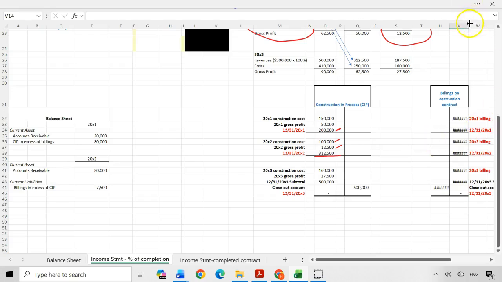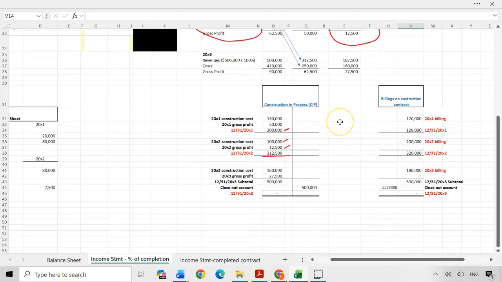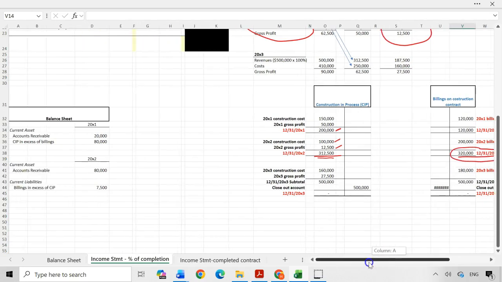So my ending balance here in my construction in process at 12/31/X2 is $312,500. So then when I go to do my balance sheet, I'm going to look at my construction in process account at 12/31/X2 of $312,500, and I'm going to net it with my billings on construction contract, which is $320,000, and I'm going to get to a net credit amount of $7,500.